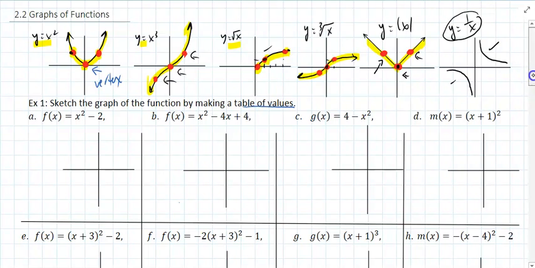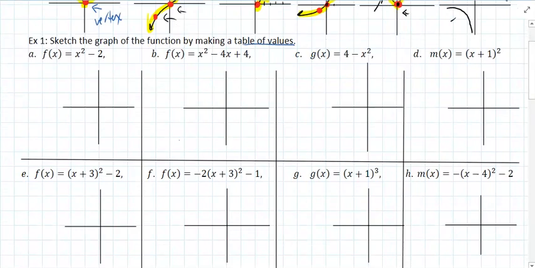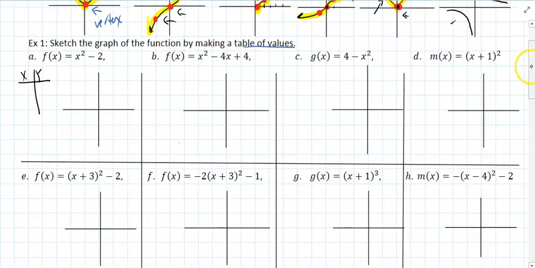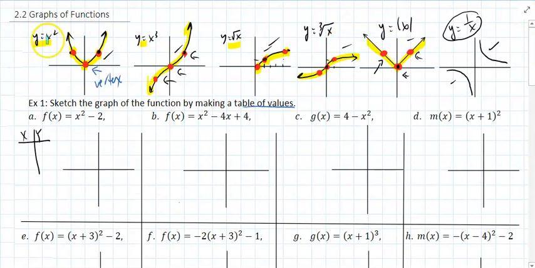So to sketch the graph of a function by making a table, this is how we're going to do it. You could choose any points you want, but this is what we're going to do. We're going to go after those 3 points that I showed on every graph. To do that, take the inside of the square, the inside of the power function, the cube, the cube root, the inside of an absolute value.